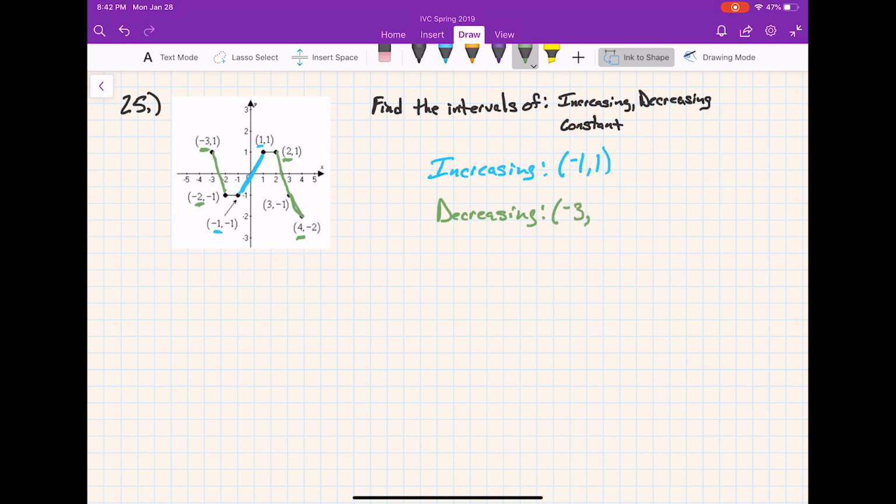So we've got -3 to -2, and then we have a little gap, and so I put the union sign, and then we have 2 to 4, and those are our two decreasing sections. Now in this problem we actually do have some constants. We have this one here, and we have this one here, even though they're only one unit apart.